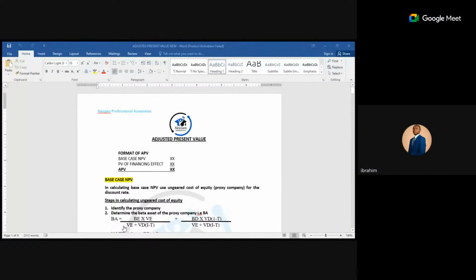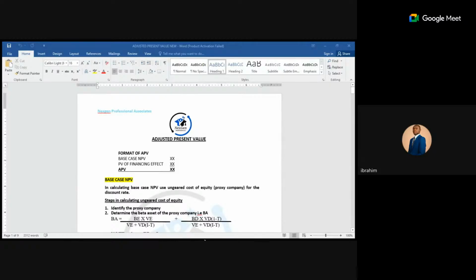Now, the base case NPV makes use of the relevant cash flow, just like the usual net present value. But what you will use to discount it is the cost of equity of the ungeared company, that is the proxy company.